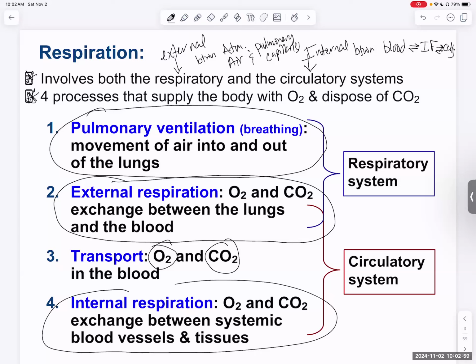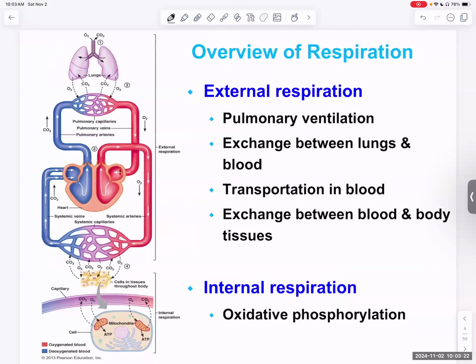We have internal respiration. That is the gas exchange between the systemic blood vessels, really capillaries, and the tissues. It's really not going straight to the tissues, though. Remember, we have interstitial fluid that's kind of the intermedium between the blood and the cells.